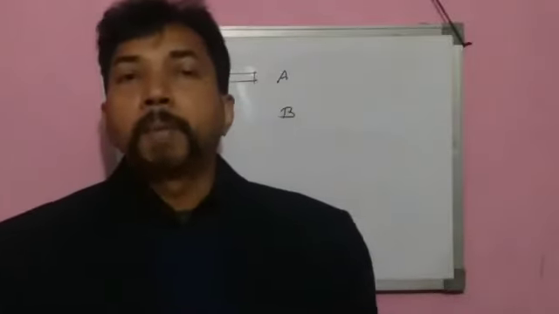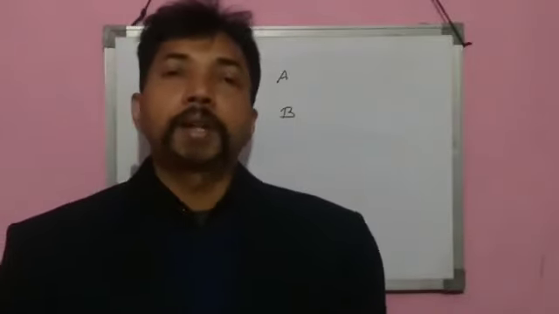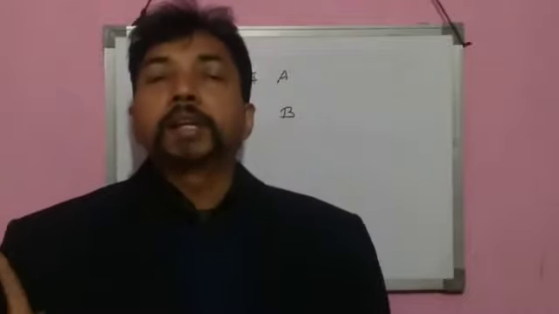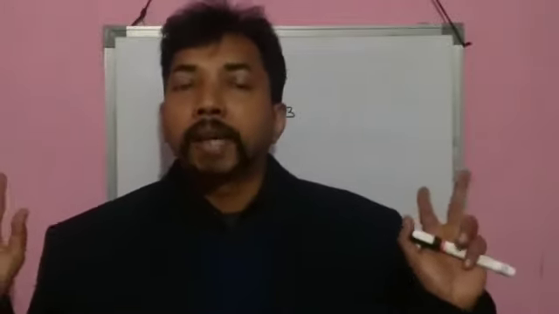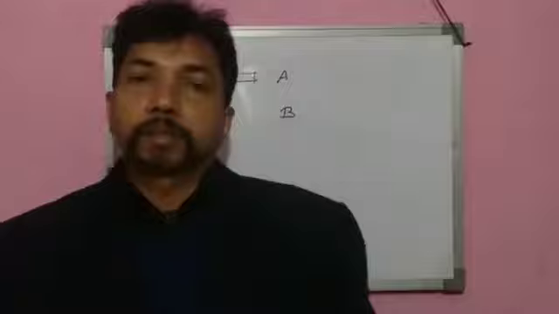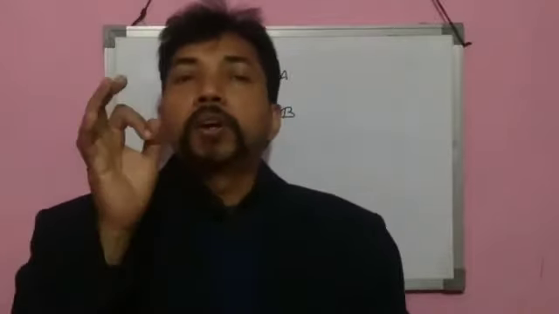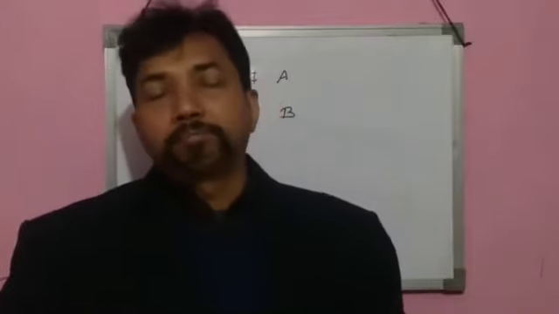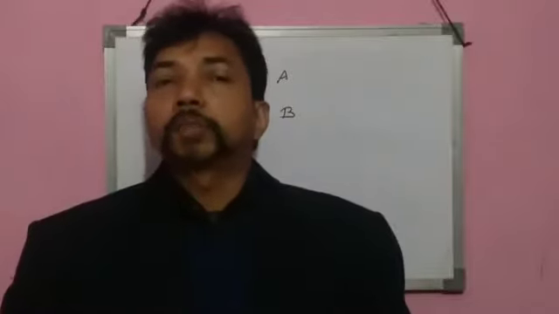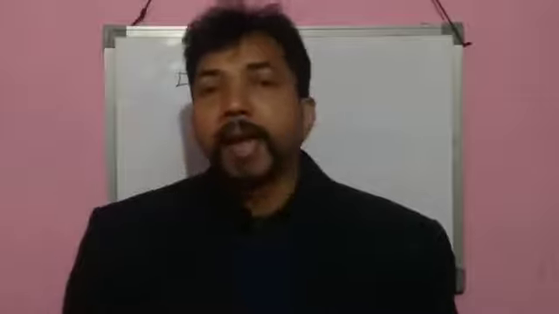You suspend the bar A in the east-west direction, and it remains in the same direction, so it is only an iron bar. And you suspend the next bar B by using a silk thread in the east-west direction.